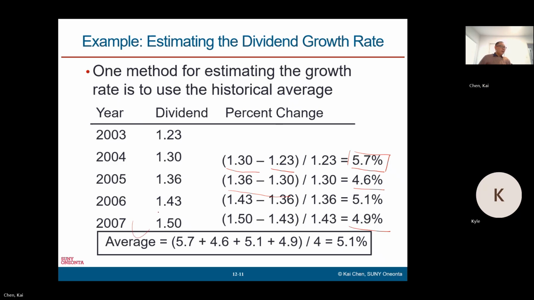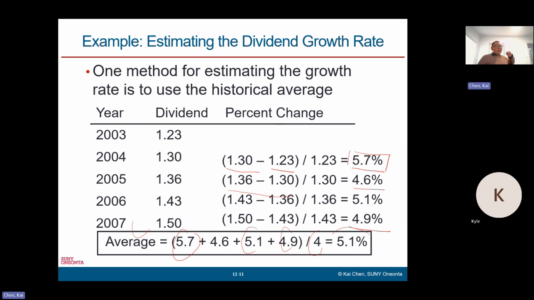5.7, 2004's dividend growth rate, plus 4.6, the 2005 dividend growth rate, then plus 5.1, that is the 2006 dividend growth rate, then plus 4.9, that is the 2007 dividend growth rate, and then divided by the number of years, then we can get 5.1%.